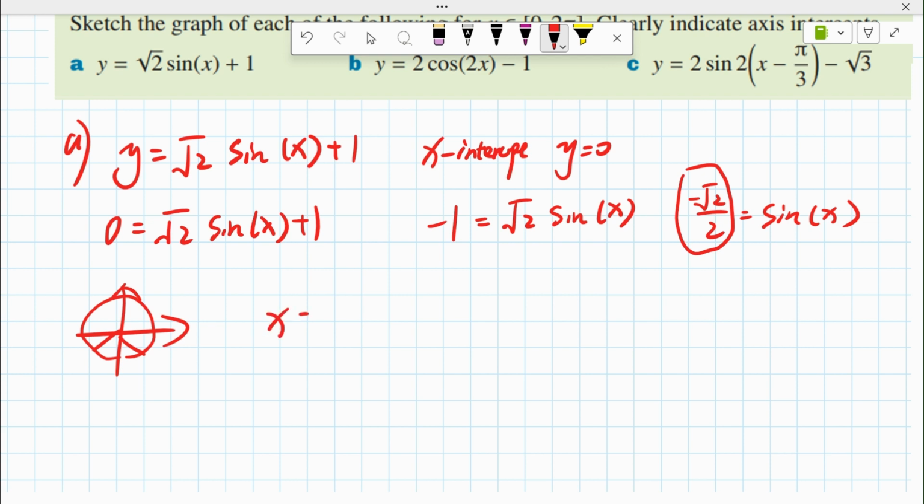So x equals pi plus pi on 4 or 2 pi minus pi on 4, which is 5 pi on 4 or 7 pi on 4. So this is the x-intercept.